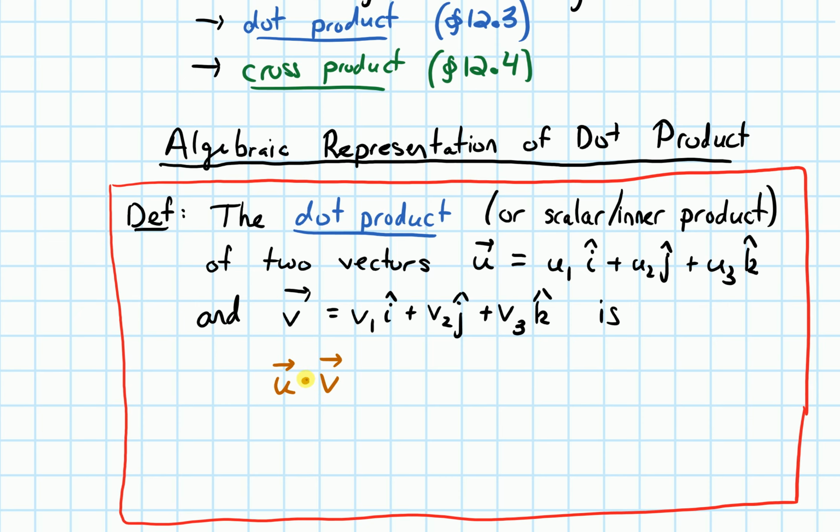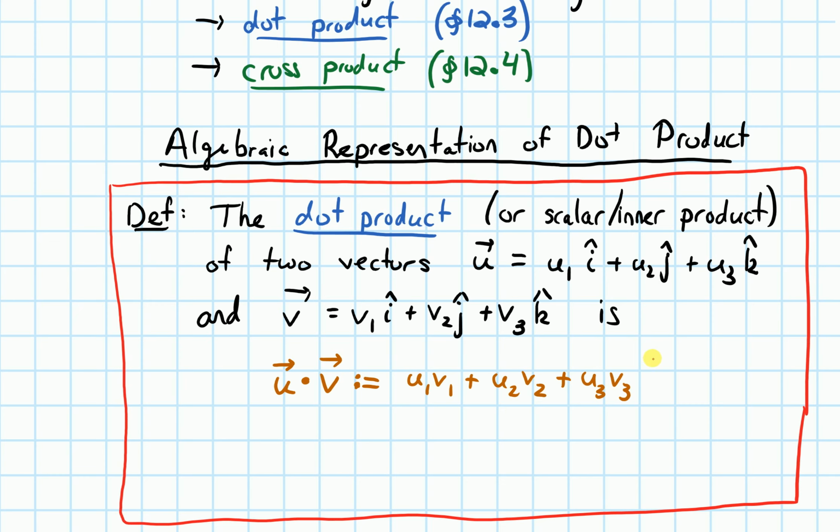I just wrote a dot in between two vectors. And what it's defined to be equal to, so I'm going to use my symbol for defined to be equal to, which is an equal sign with a colon, is you multiply the i components together, u1 v1, plus the j components together, u2 v2, plus the k components together, u3 v3.